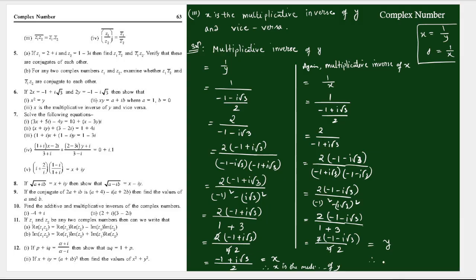So therefore y is the multiplicative inverse of x. Oh, x is the multiplicative... no, y is the multiplicative inverse of x. So hence proved like this. Okay.